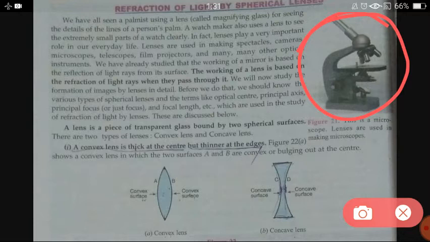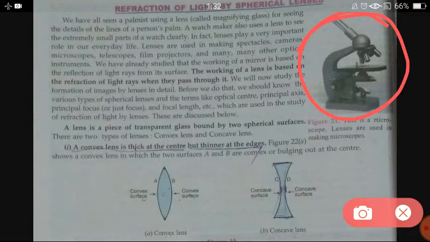The working of a lens is based on the principle that when the light ray passes through different media, it changes its path. The working of a lens is based on the refraction of light rays when they pass through it.